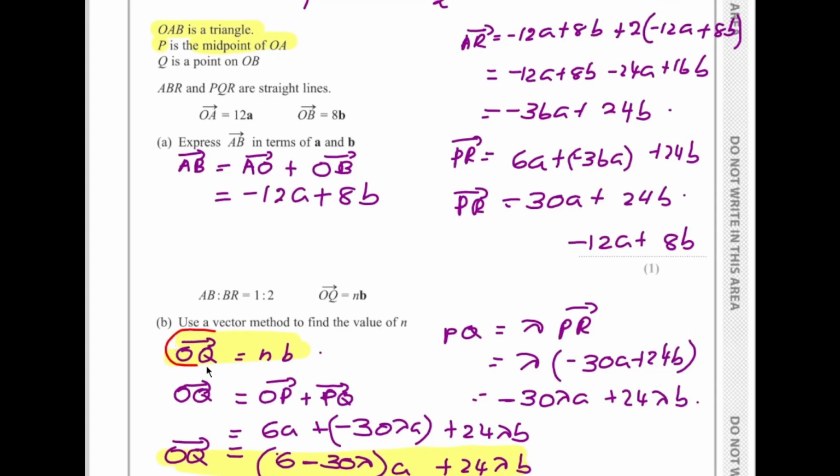This is the first one: it is given in the question, OQ equals N times B. If it is not given, and you are asked to find the ratio of OQ to Q something, then you have to get OQ equals lambda times B. Again, you need to find another way to get OQ. Then we match the OQs together, and after that we compare the coefficients. That's how we do the ratio question.